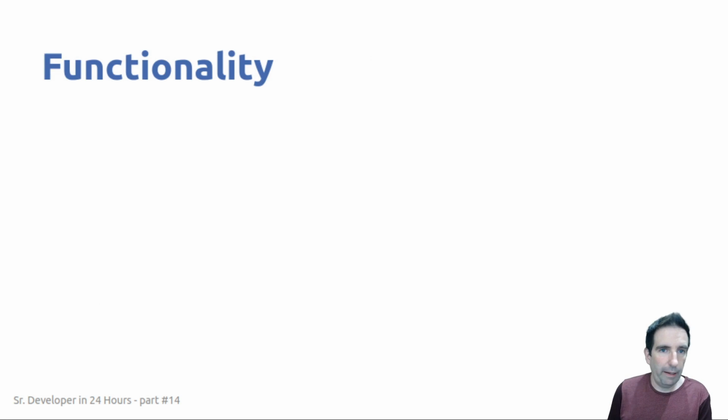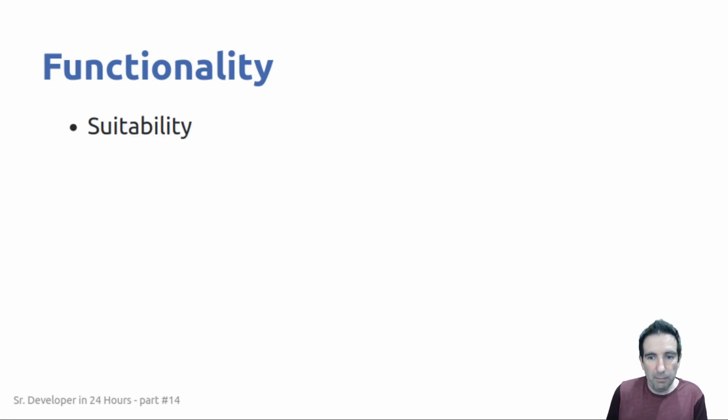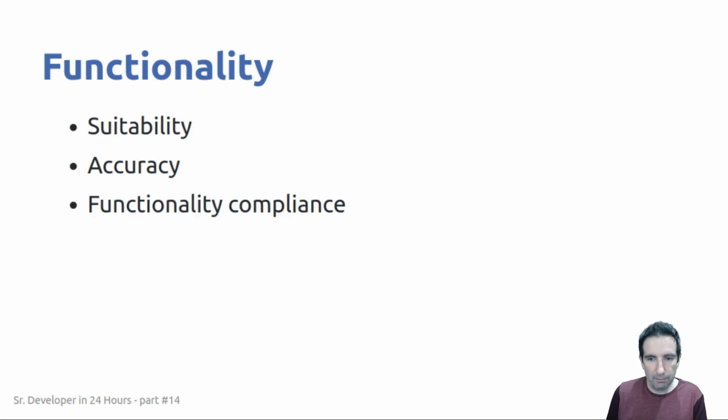The first thing, and this might sound obvious, but we still want to cover it here, it has to be functionally suitable. It needs to be able to fulfill the functional requirements that we have received. It has to be able to fulfill those requirements with accuracy. And it needs to meet whatever functional compliance requirements have been set by us.